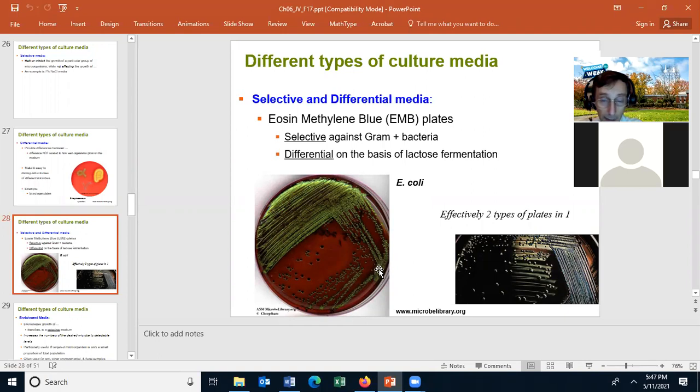Eosin methylene blue is also differential on the basis of the bacteria's ability to ferment the sugar lactose. So lactose is in EMB, and then a pH indicator is there. If the bacteria, like E. coli, can ferment the sugar lactose, the bacteria will appear dark or metallic green.